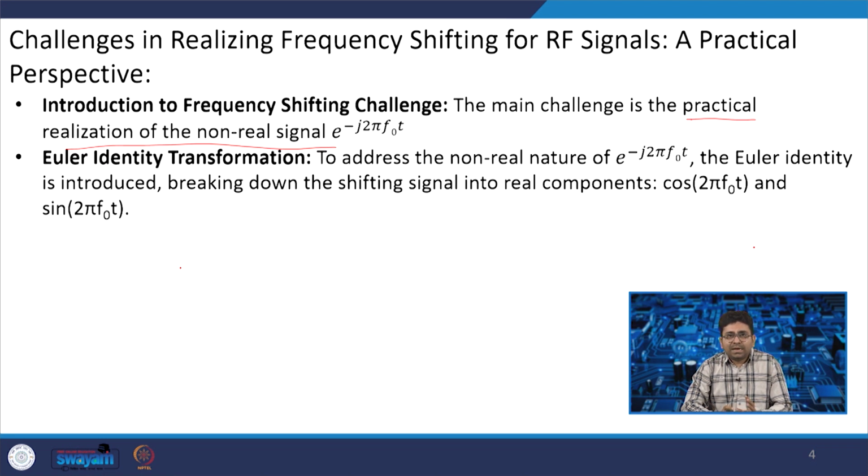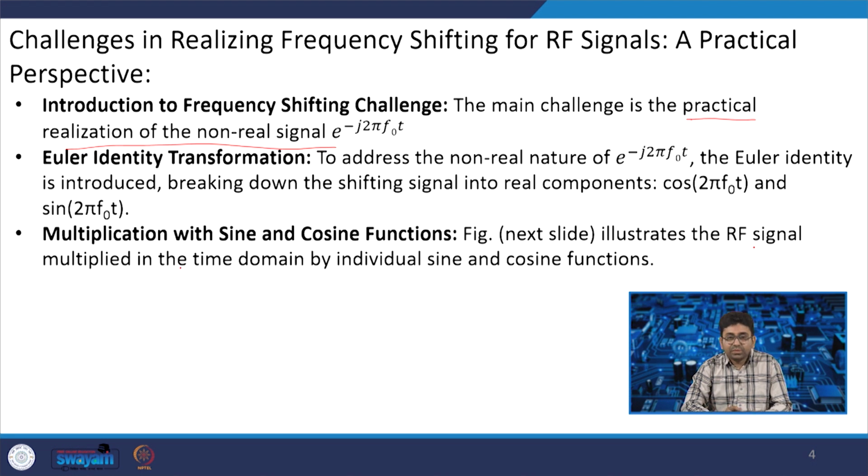It is introduced by breaking down the shifting signal into the real components cos 2 pi f naught t and sin 2 pi f naught t. Multiplication with the sine and cosine functions, which we will see in the next slide, will help us get either the upper sideband or the lower sideband, as we already discussed.